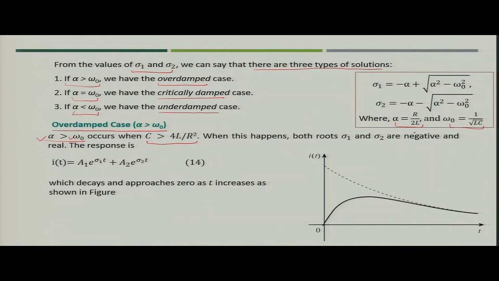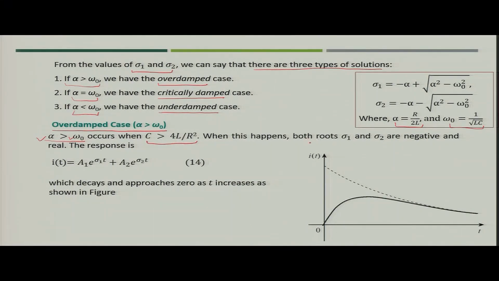We assumed that the values of alpha and omega naught are like this. If you put these values in the condition alpha greater than omega naught, you will come to know that this is the condition when the value of C is greater than 4L by R square.